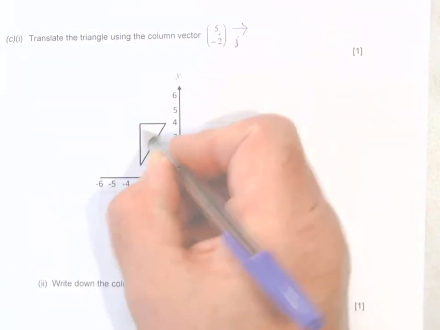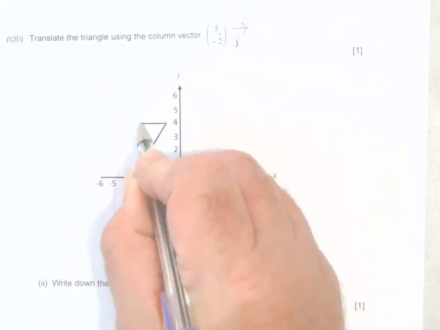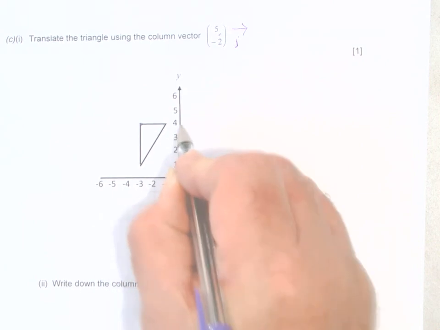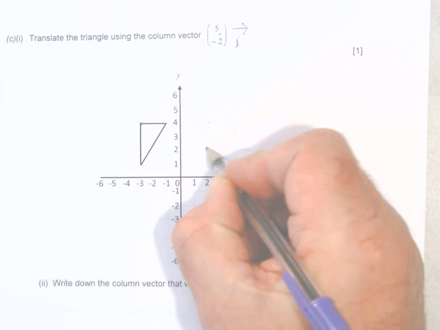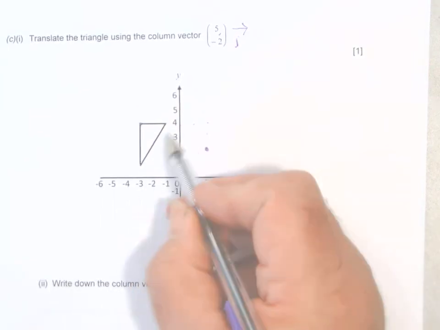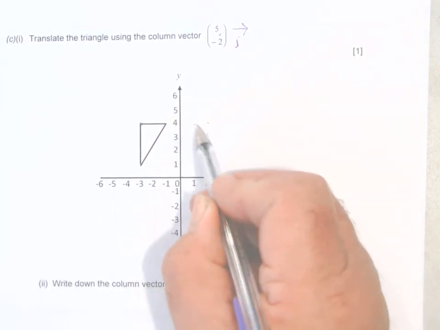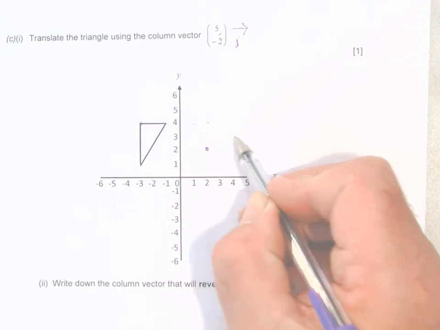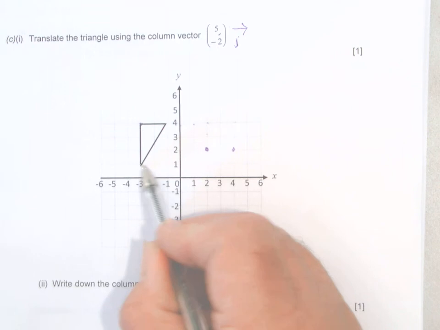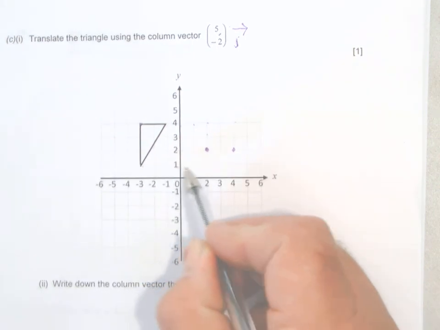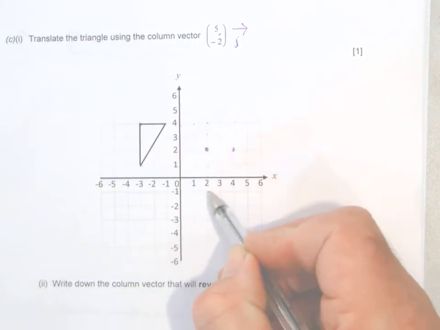Okay, so if I take that corner point there first of all, 1, 2, 3, 4, 5, 1, 2. So that ends up there. Do the same for this point. 1, 2, 3, 4, 5, 1, 2. And finally, the bottom point, 1, 2, 3, 4, 5, 1, 2.